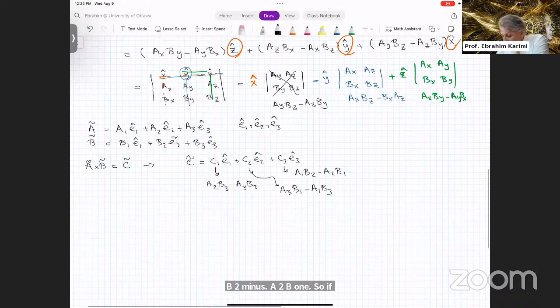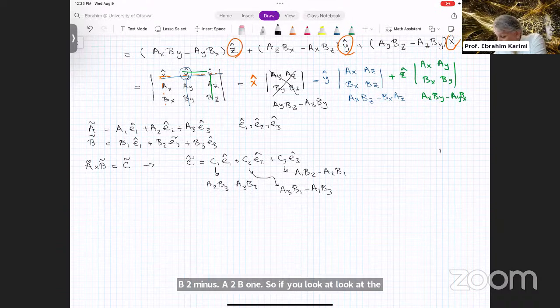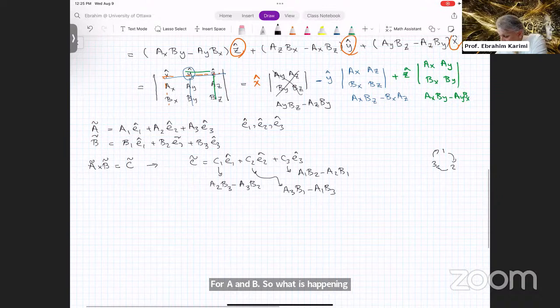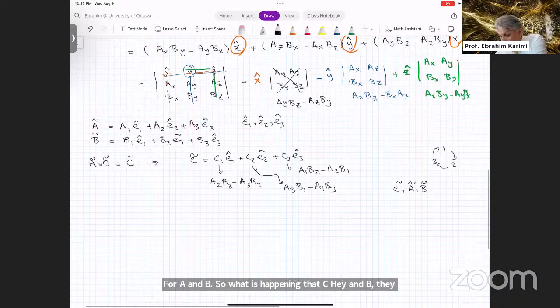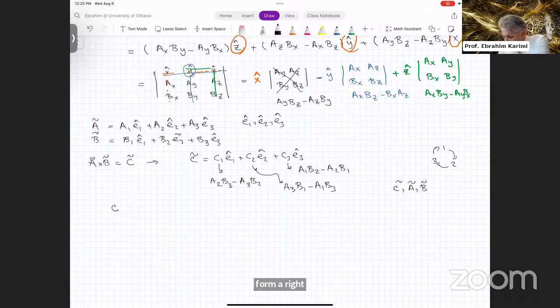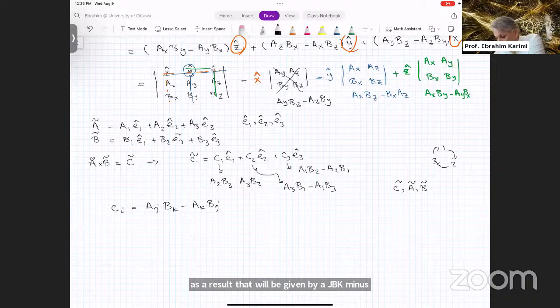If you look at the sequence, you will see that whenever 1 happens, then you have 2, 3 for A and B. So C, A, and B form a right angle. As a consequence, the component with index I that you are looking for is given by A_J B_K minus A_K B_J.